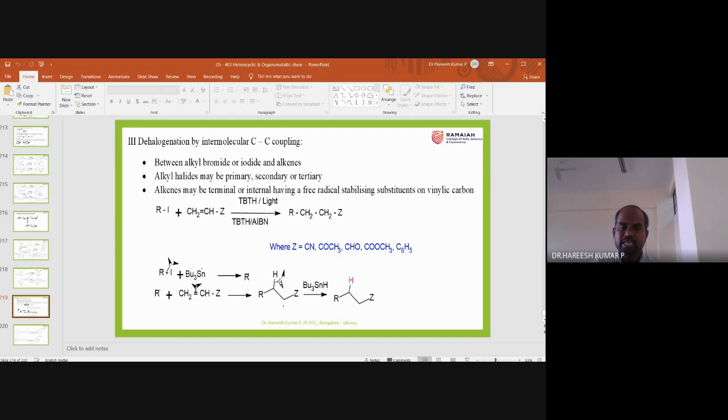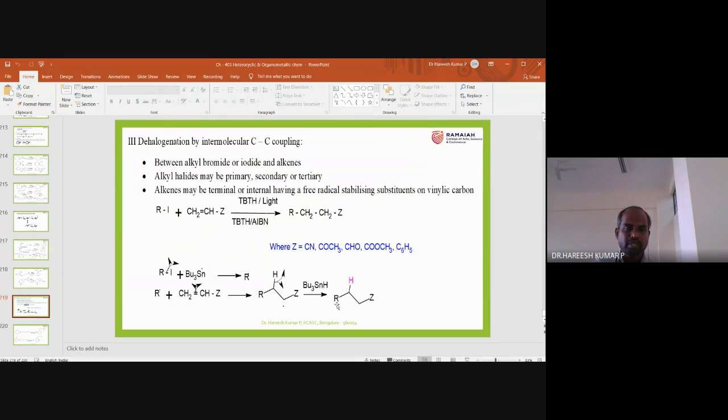This hydride, meaning a hydrogen radical, can form a bond with this, and here there is a possibility of forming a radical. This radical again reacts with tributyl tin hydride. Tributyl tin hydride acts as a hydrogen radical, and that is how the product is obtained.